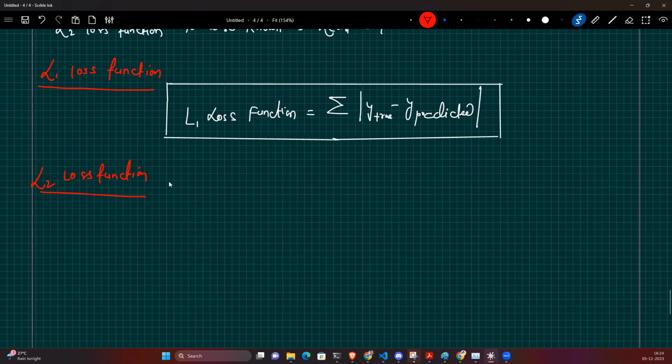L2 loss equals the summation of (y_i minus y predicted) whole square, for i equal to 1 to n. And now I think you have a good idea why it is called the least square error, because of this square.